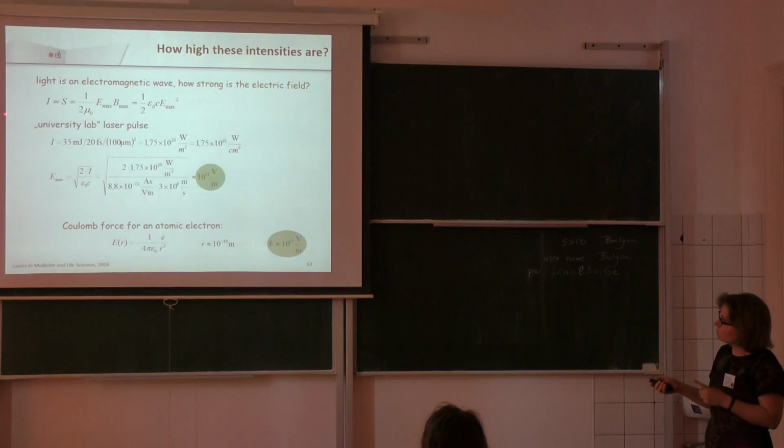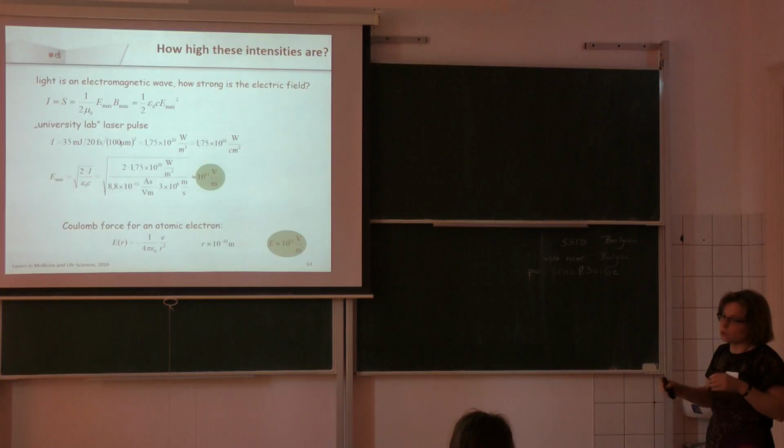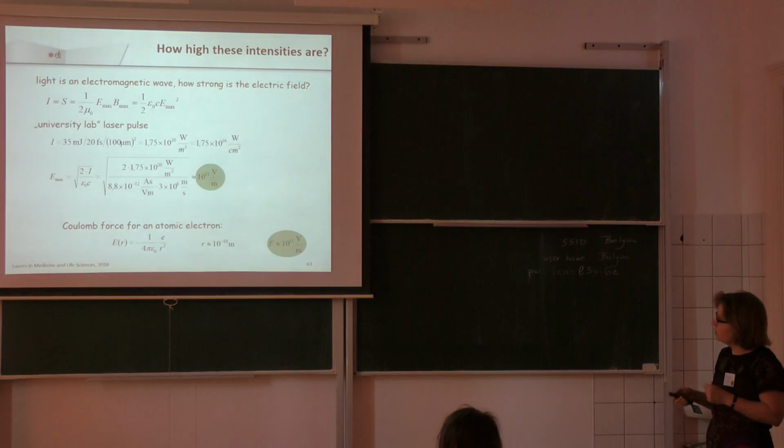In our university lab, we focus the laser pulse down to a 100 micron diameter spot. Then we have an electric field in that laser spot of 10 to the 11 volts per meter. This is just a number, but in comparison, the Coulomb force that keeps the electron to an ion is also of the same order of magnitude, 10 to the 11 volts per meter.